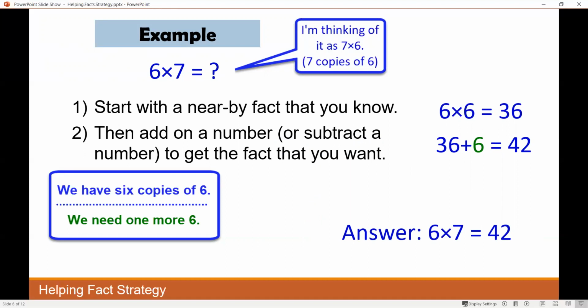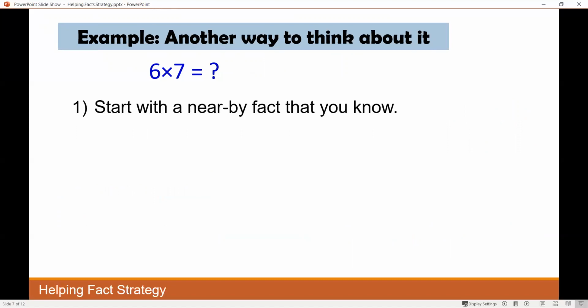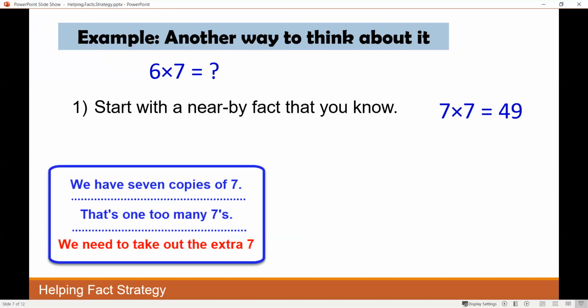Now, this same question can be done another way. Let's look at it another way. 6 times 7. My nearby fact that I'm going to use this time is 7 times 7. And maybe you prefer 7 times 7 because you know that 7 times 7 is 49. Well, this would be 7 copies of 7. But I don't want 7 copies of 7.